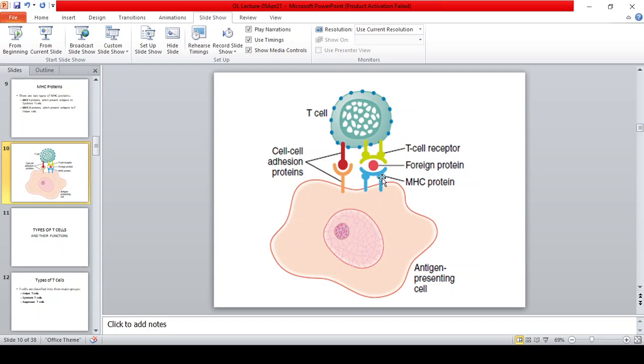Now this MHC protein binds to a T cell receptor present on a T cell. In addition, both the antigen presenting cell and the T cell are also bound to each other by cell to cell adhesion proteins.